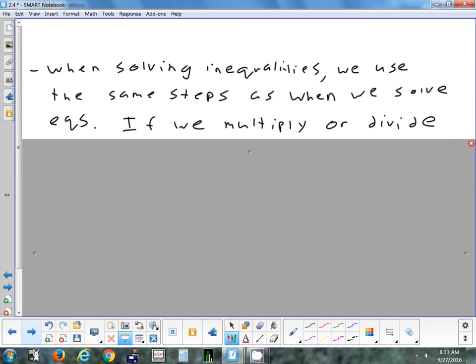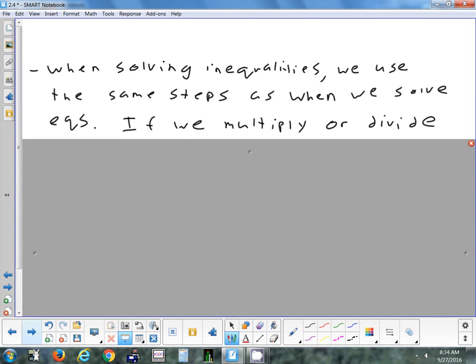All right, so when we're solving an inequality, we basically use the same steps as when you solve an equation. But what's different? The thing is, if you divide a negative over the inequality sign, you flip it. If you divide or what else?